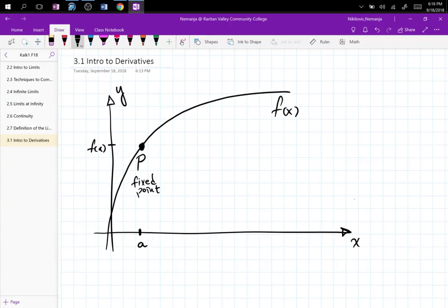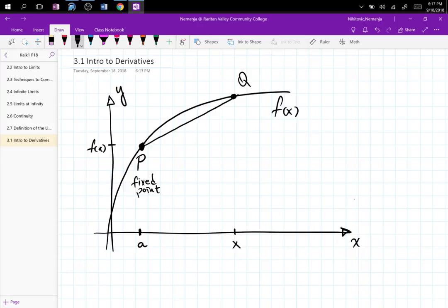And then we have a different point over here. We'll call that point Q. And as soon as you have two points, you can stretch a line in between. Now, I'm going to label point Q as x and f of x, obviously, right?